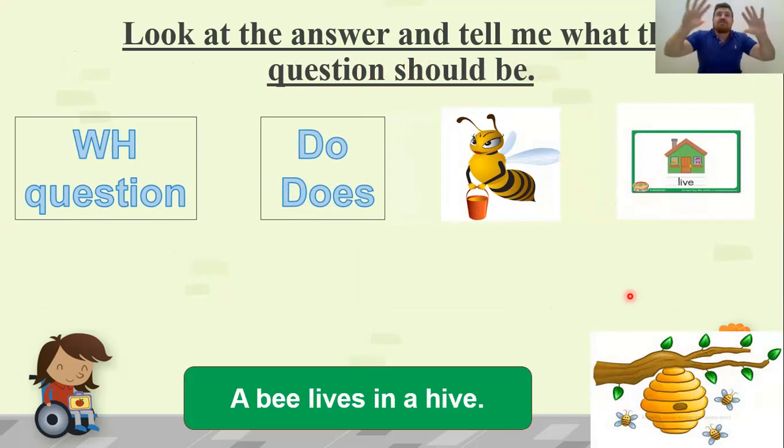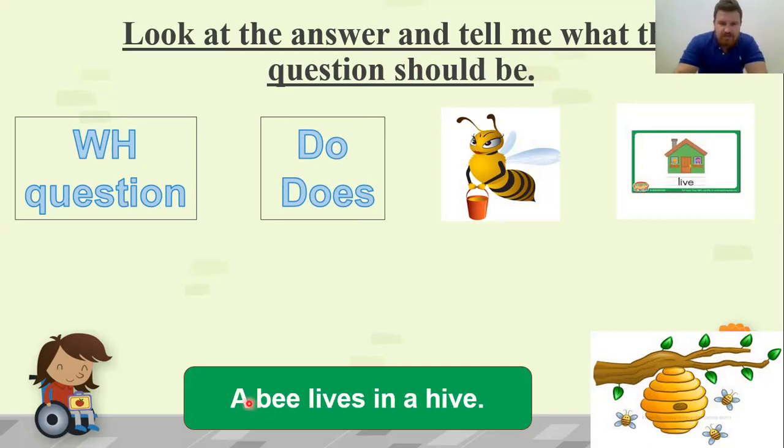I had all these answers and I said, please raise your hand and you give me the question. So maybe the answer was South Africa. And you said, Teacher Shelto. And I said, yes. You said, where are you from? And I said, wow, well done. I'm from South Africa. Okay, so I will show you the answer and you give me the question.